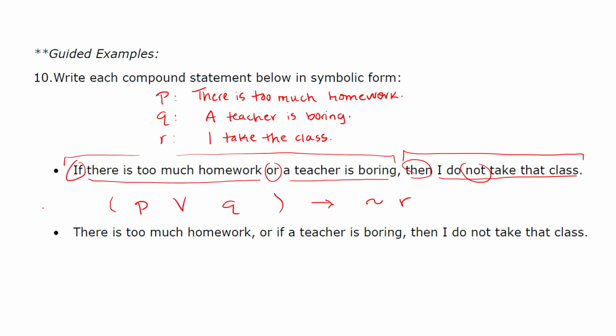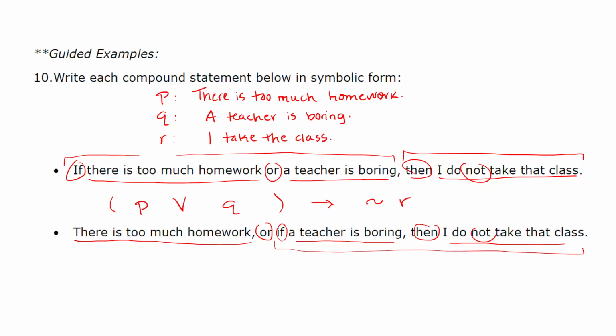Okay. Next one, there is too much homework, or if a teacher is boring, then I do not take the class. Okay. So we have an if-then statement. So we are going to group together the whole if-then together. Okay.